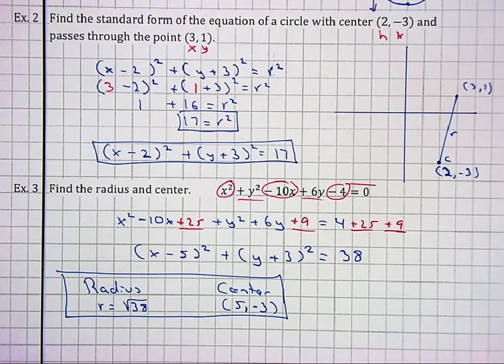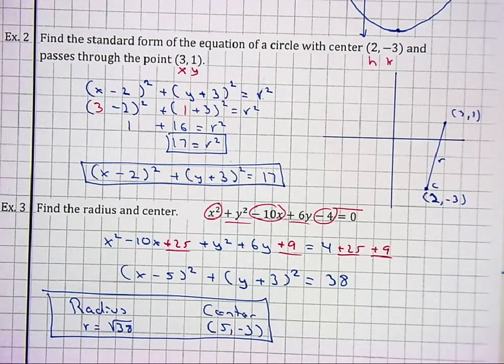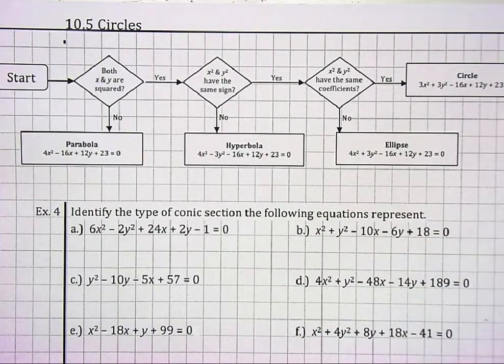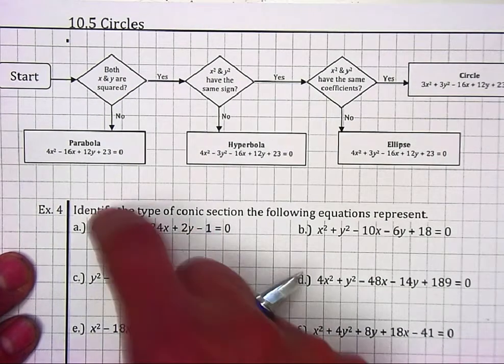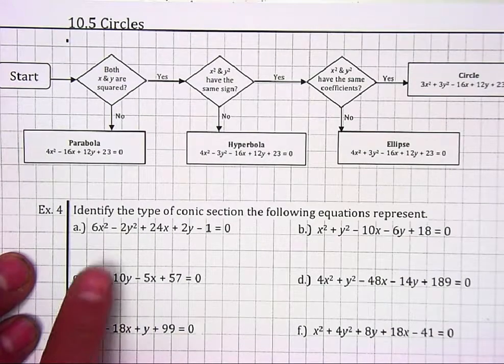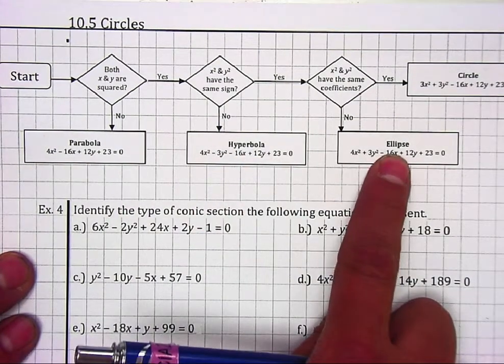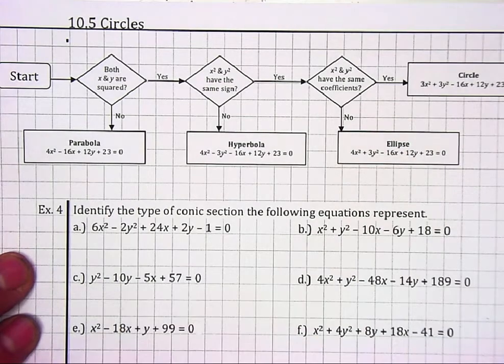Now there are different ways of being able to identify what type of conic sections we have. So I need to be able to identify, on example number 4, which you guys have, whether this equation is a parabola, hyperbola, ellipse, or a circle.